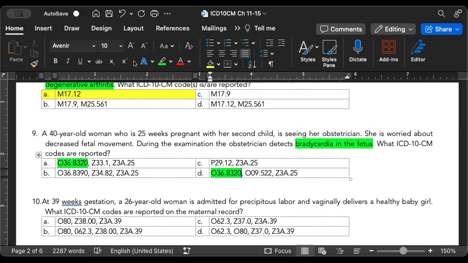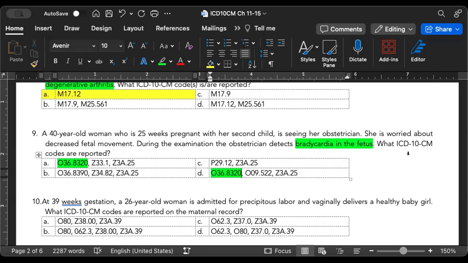So you would use the seventh character 0 in two scenarios. Either it's a single gestation, which is the case here, because there are not multiple pregnancies or multiple fetuses. Or you would also use it if there are multiple fetuses, but they do not specify which fetus it is.